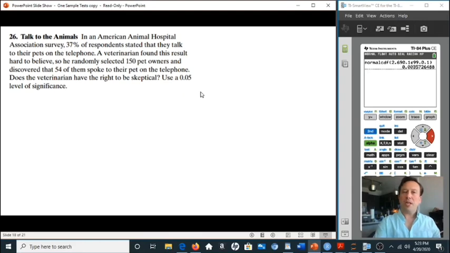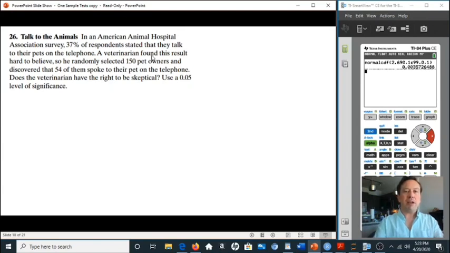This is number 26, people who talk to their animals on the telephone. How many of you do that? So in an American Animal Hospital Association survey, 37% of respondents stated that they talk to their pets on the telephone. Whenever something is given like that, that is the status quo right there. That's what's believed to be true.